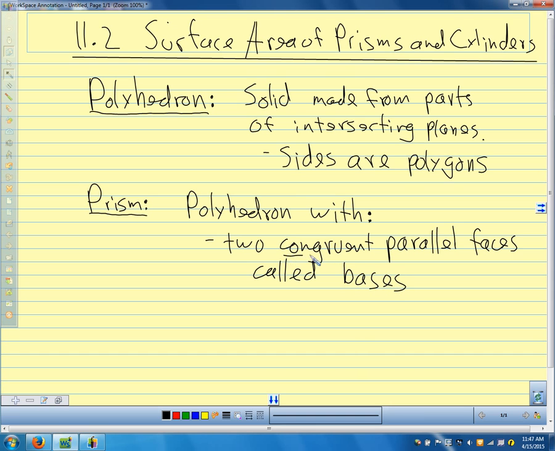So they have to be congruent, they have to be parallel, and we have to have 2 of them. And we call those 2 the bases of the prism.